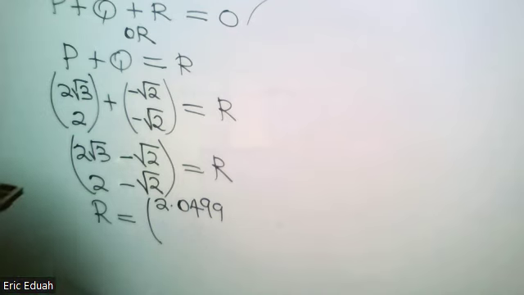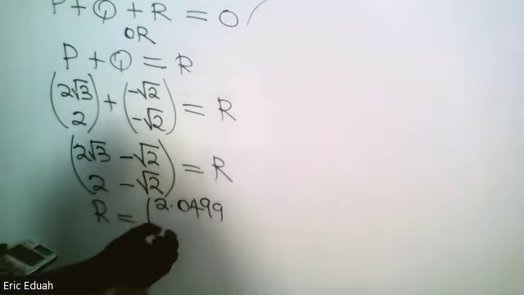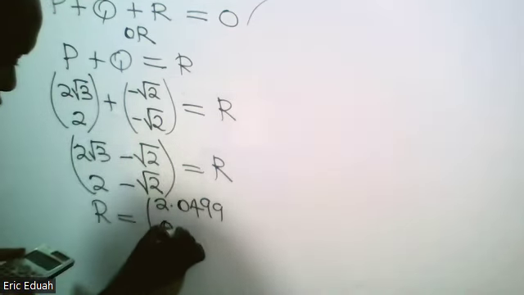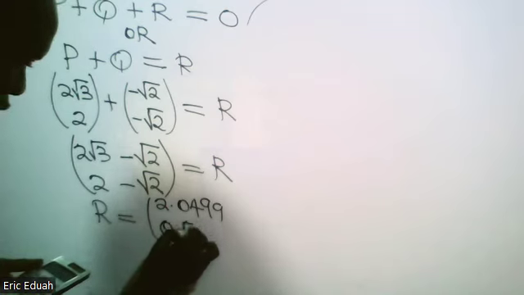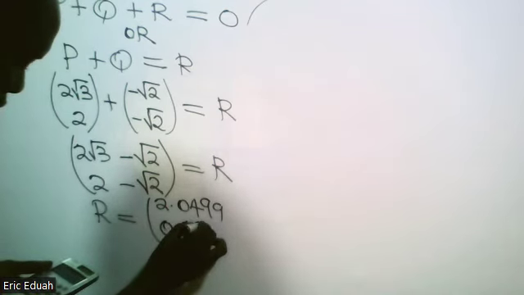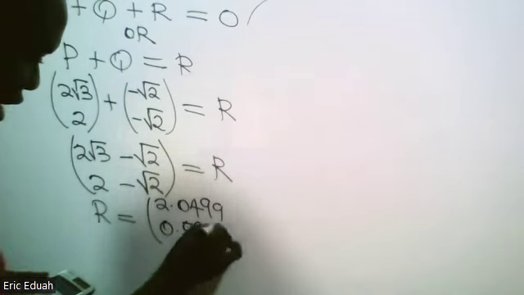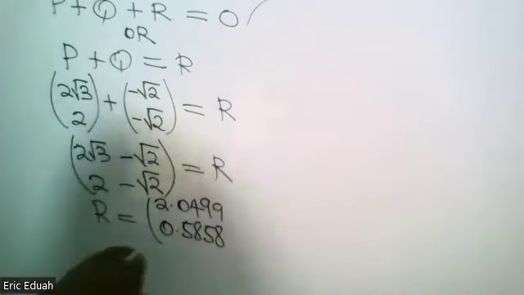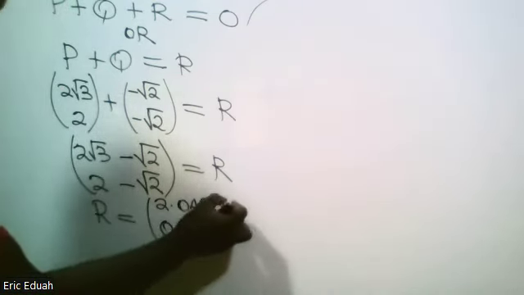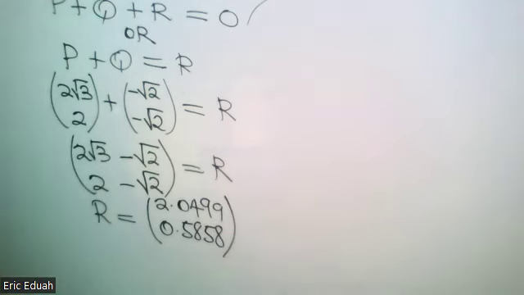Okay, let's express it in 4 decimal places. 0.5858. I'm only expressing it in 4 decimal places as I did here.